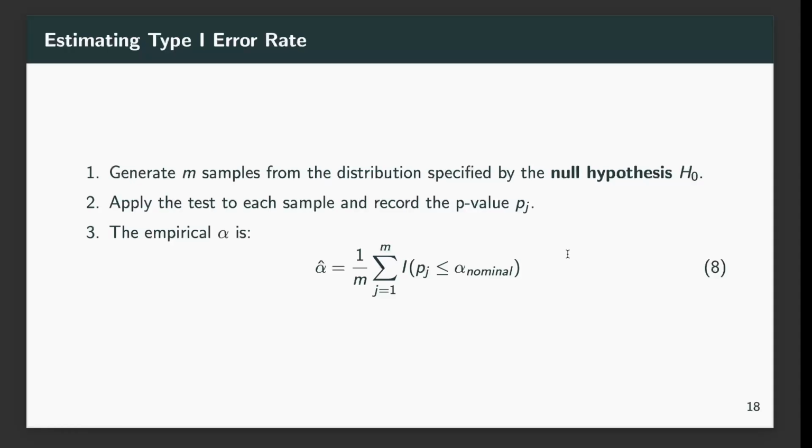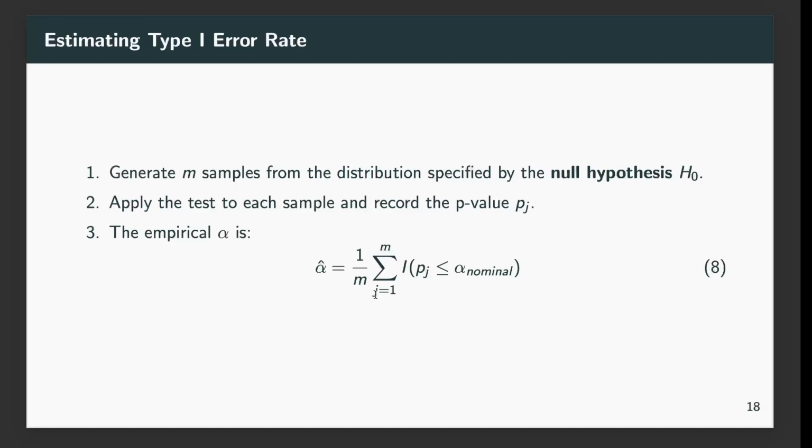The third step is the empirical alpha hat. We compute alpha hat, which is given by the indicator function of pj: if pj is less than the nominal alpha, it becomes 1, if not, it becomes 0, and we take the average of this.